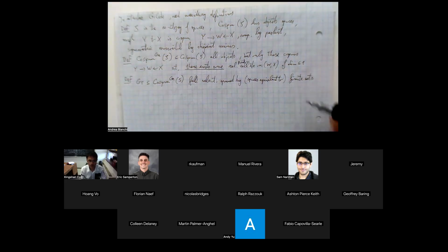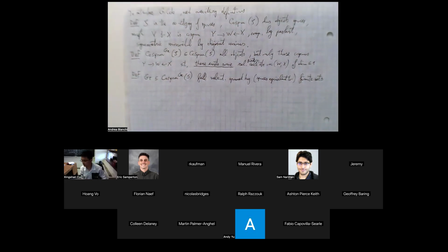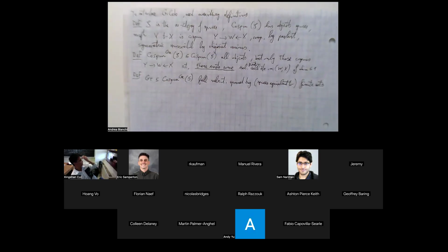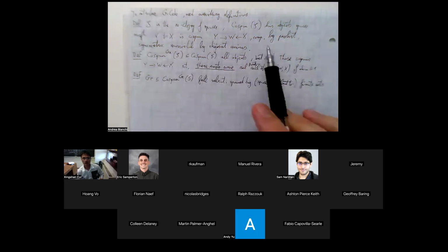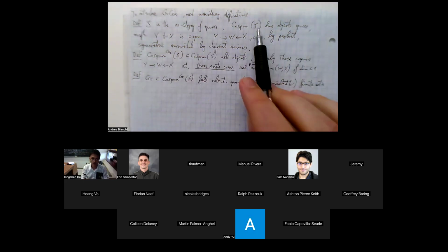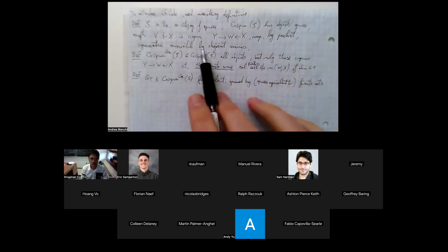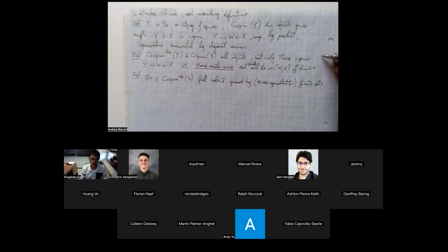So spaces that have finitely many components, each of which is contractible. Okay, this is a definition. Now, let me comment on the fact that this cospan was a symmetric monoidal category, but also this subcategory is again symmetric monoidal, and this is again symmetric monoidal.